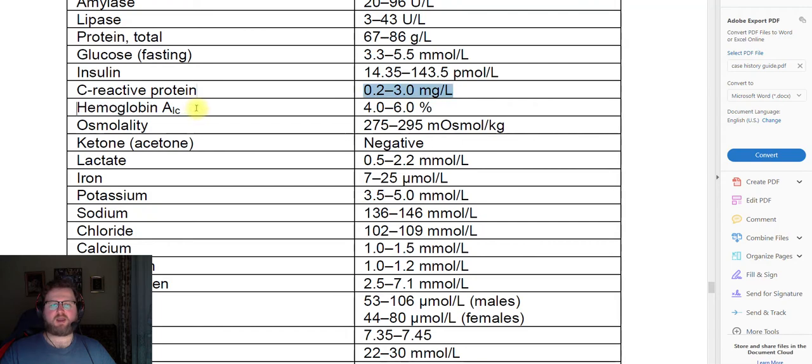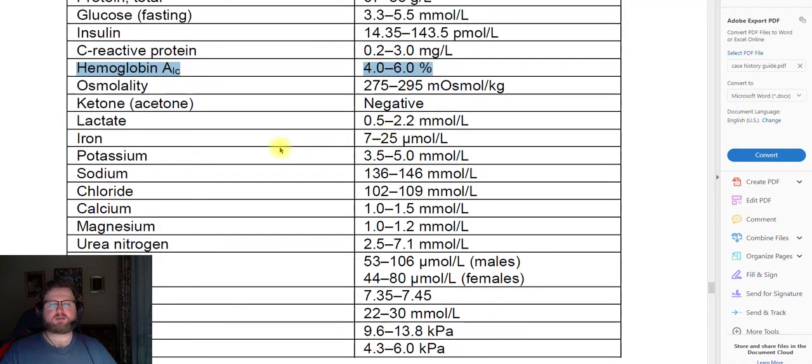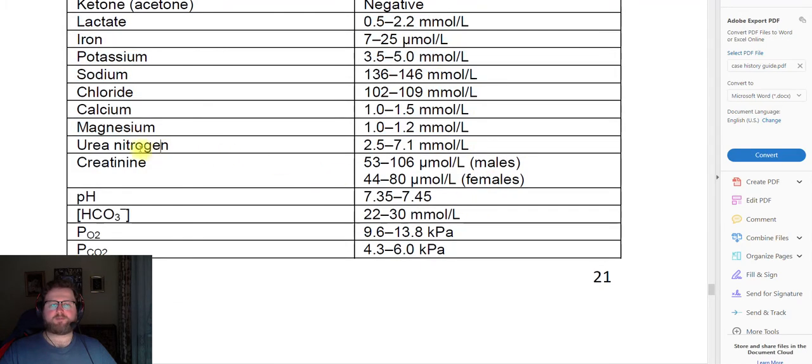Hemoglobin A1C, that's an indicating parameter for primary diabetes mellitus. Serum lactate and electrolytes are very important to know the patient's status of infusion, if he needs infusion of colloids or crystalloids. Urea, nitrogen, and creatinine are indicating signs of renal function.